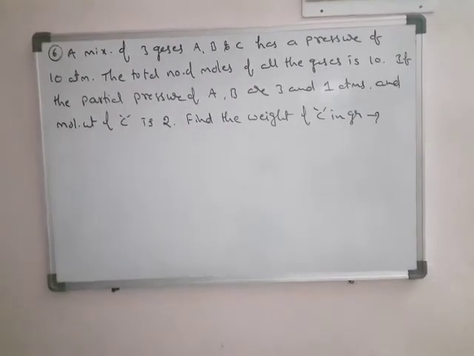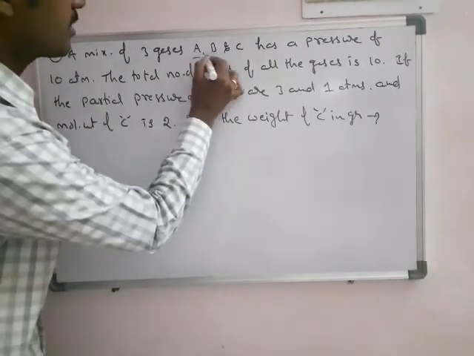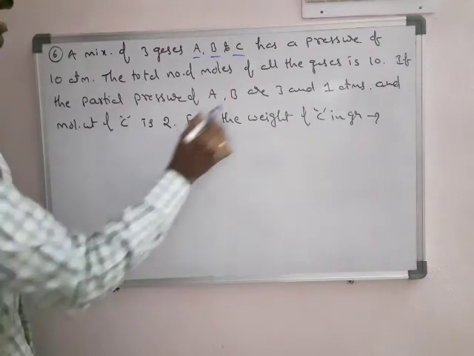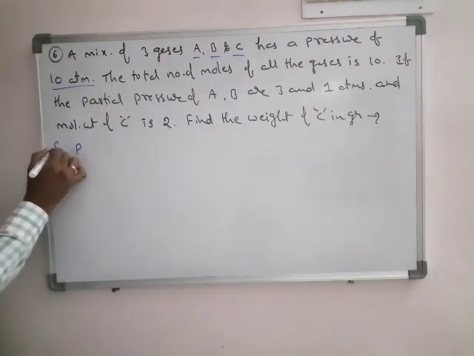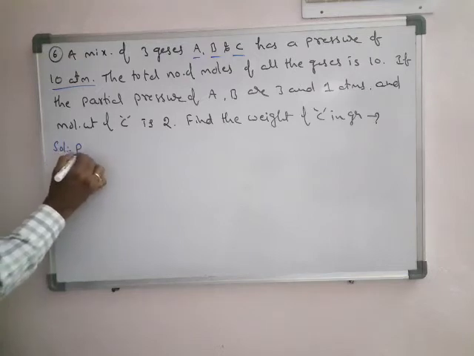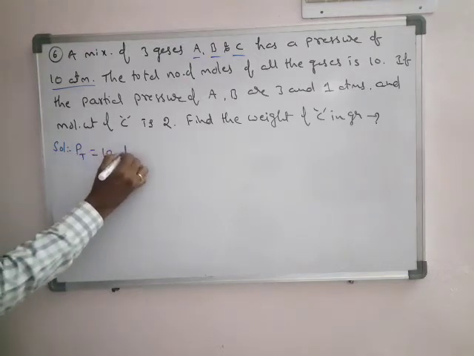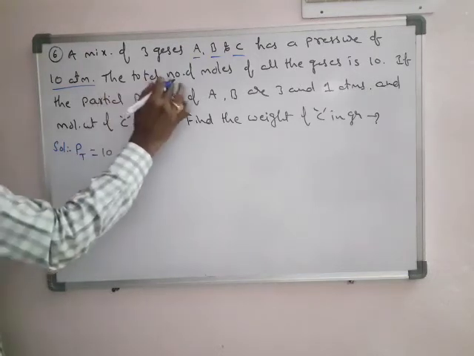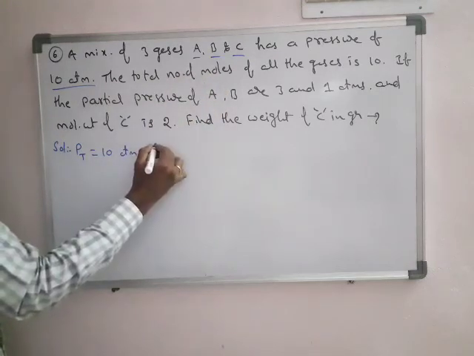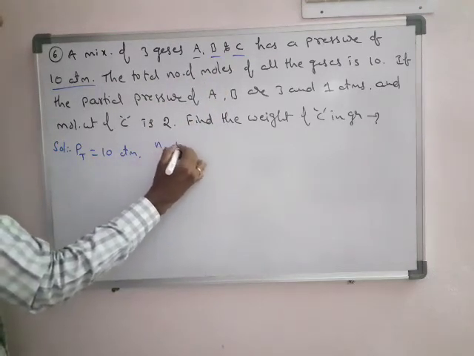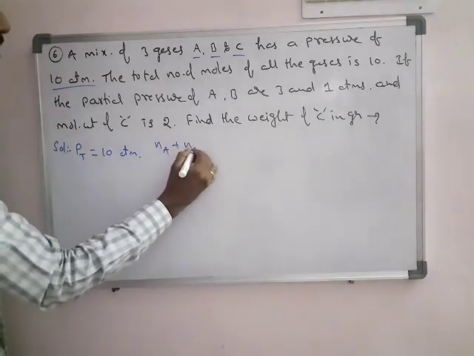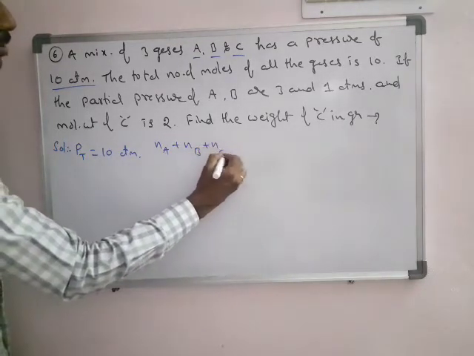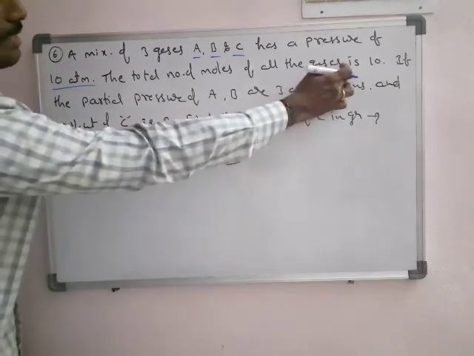Okay, see. Here the mixture of 3 gases A, B, C has the total pressure of 10 atmospheres. It is given that P total is equal to 10 atmospheres. The total number of moles, meaning number of moles of A, number of moles of B, number of moles of C, is given as 10 moles.